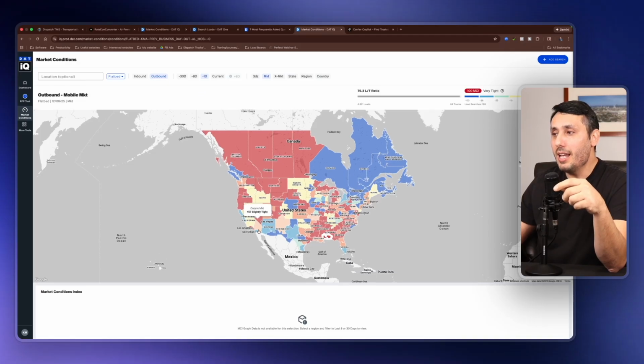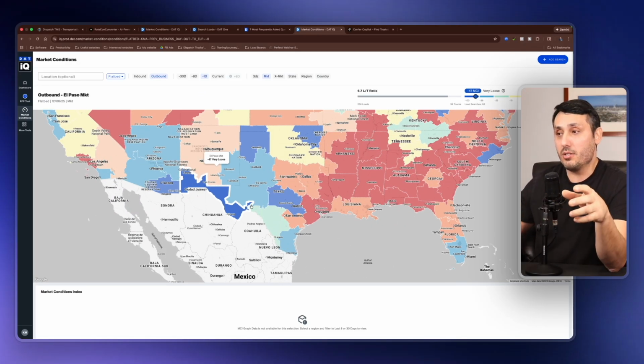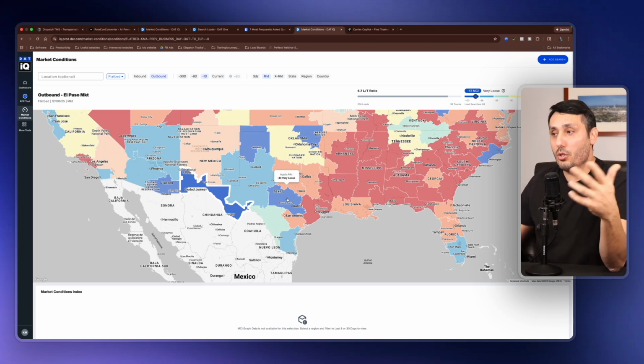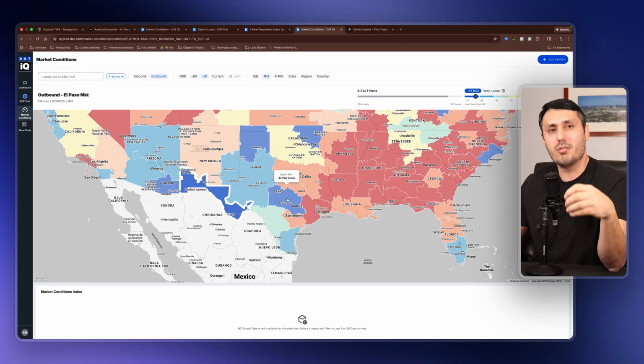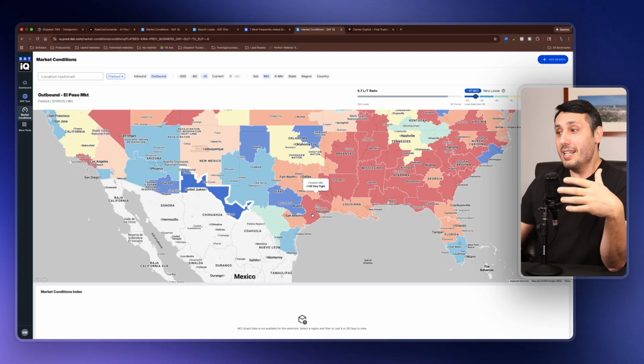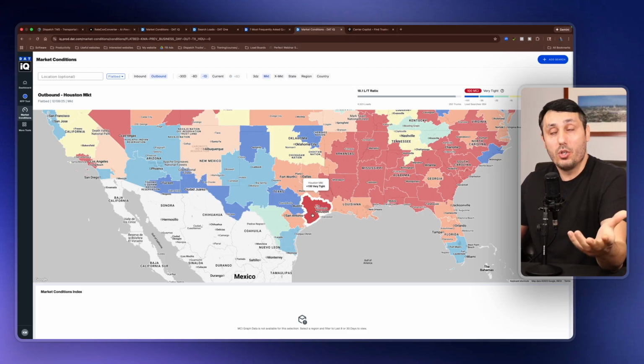I'll give you an example. By looking at this map right now, look at what's happening in Texas. See, Texas, as we know, is huge. Now, look at Austin, negative 43. That means a very loose market. Remember the colors that we talked about? Now, see, Houston is hot. That means red. Red means good in this case, right?